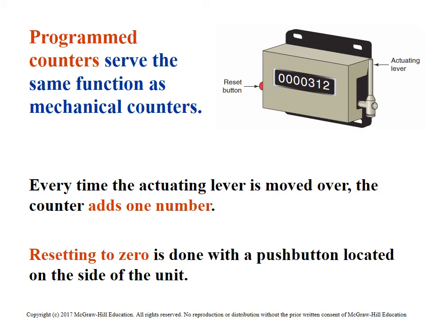Basically, a counter, as you can guess, is pretty intuitive. It's used to count. Here is something you will be seeing in industry. We use a little device like this on our dies, where a die is something you put inside of a press, and every time that press closes, it pushes the die together, and the die puts dents and holes in metal that gives you the final product on the output.